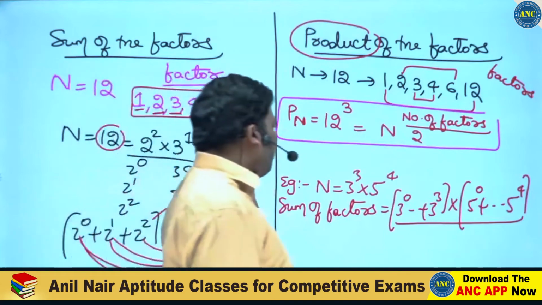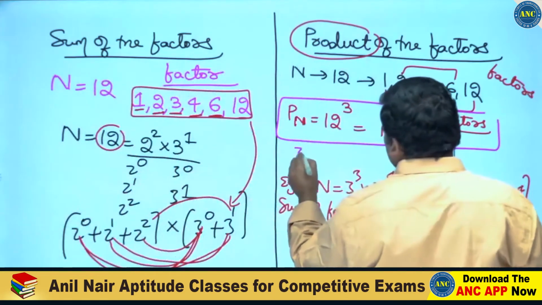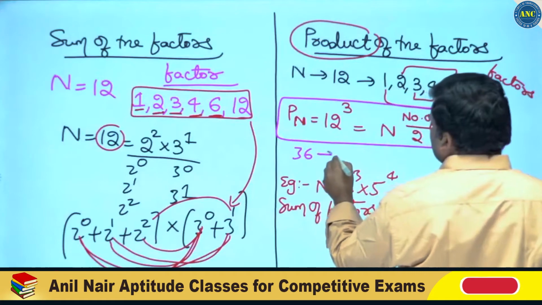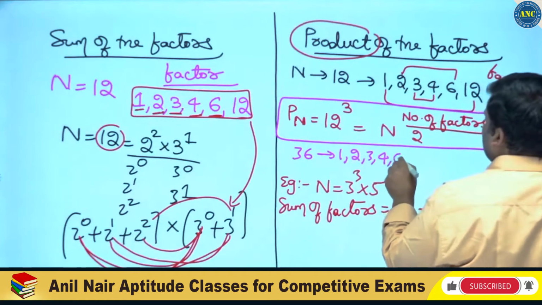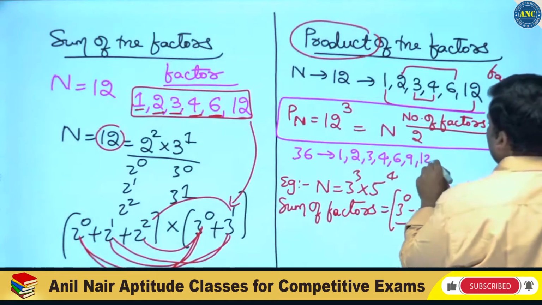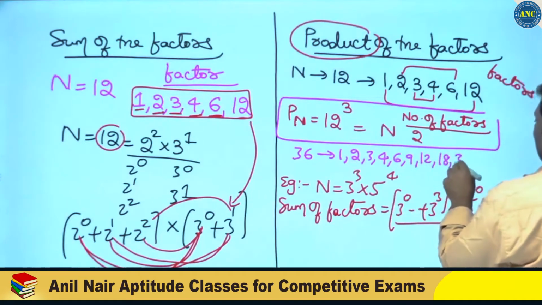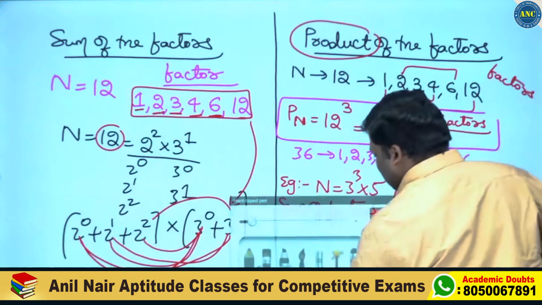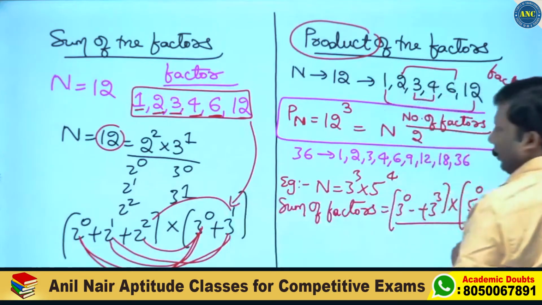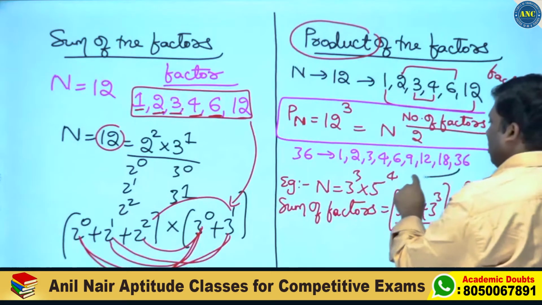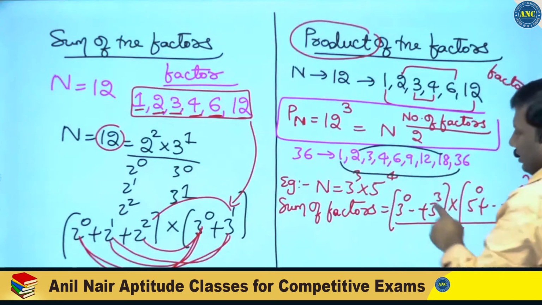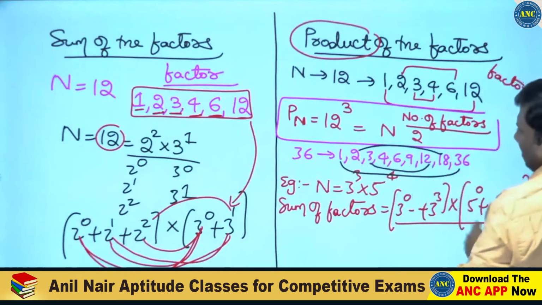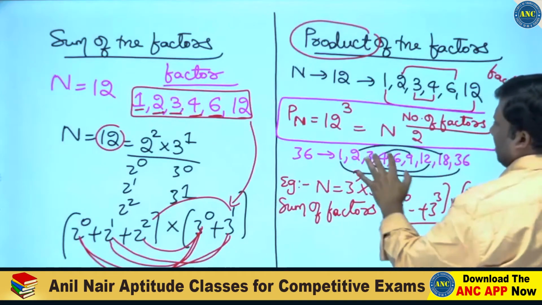Sir, what if the number is a perfect square? It makes no difference. 36 factors are 1, 2, 3, 4, 6, 9, 12, 18, 36. Now if you listen carefully, 1 into 36 is 36, 2 into 18 is 36, 3 into 12 is 36, 4 into 9 is 36.